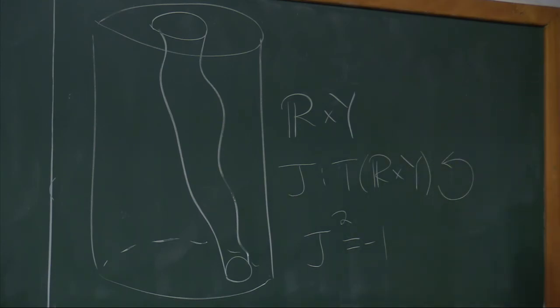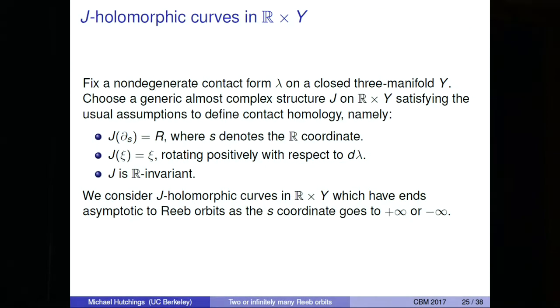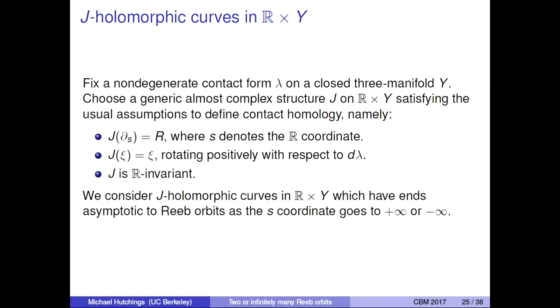And we assume a few things which are standard in contact homology. I assume that J of the derivative in the r direction is the Reeb vector field. I assume that J sends the contact plane to itself, rotating positively with respect to d lambda, and J is invariant under translation. And you also want to assume that it's generic.